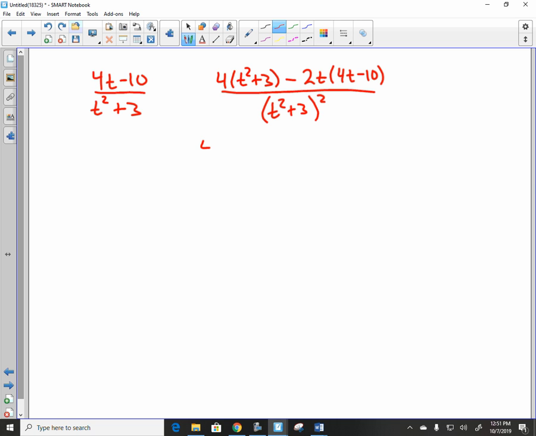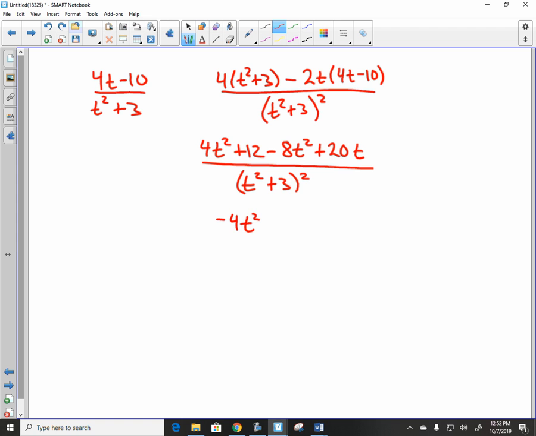Distribute, you get 4t squared plus 12 minus 8t squared plus 20t all over t squared plus 3 quantity squared. So when I combine like terms together, I have negative 4t squared plus 20t plus 12 over t squared plus 3 quantity squared.